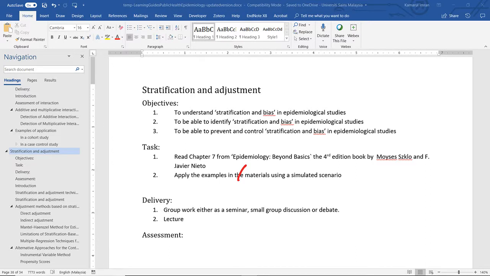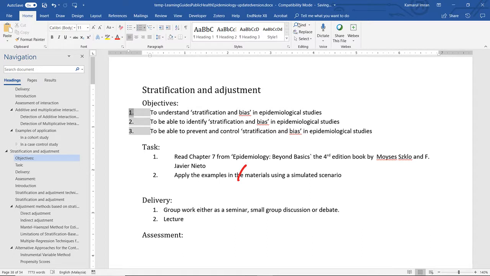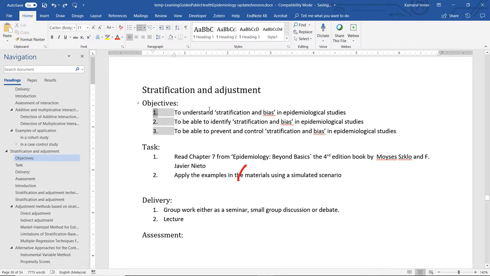So objectives of the lecture include, number one, to understand stratification and bias, and number two, to be able to identify stratification bias. You must be able to identify stratification and bias in a study.